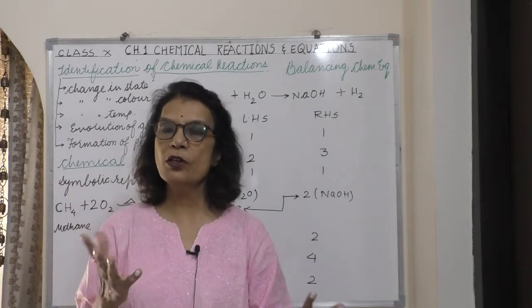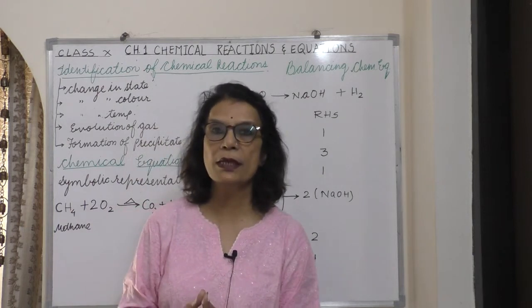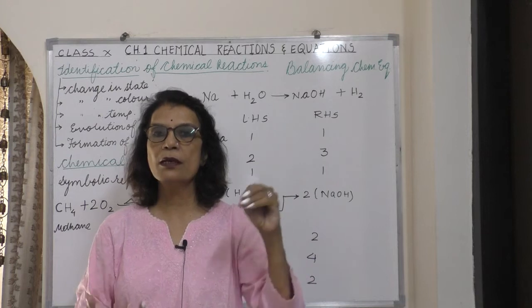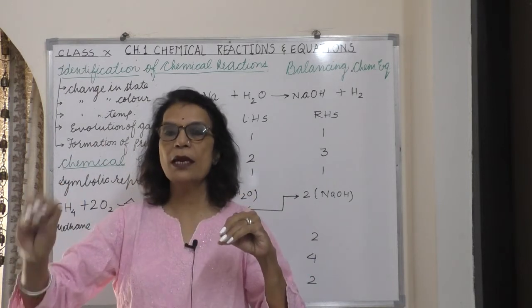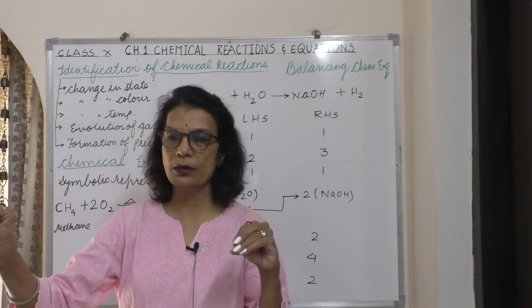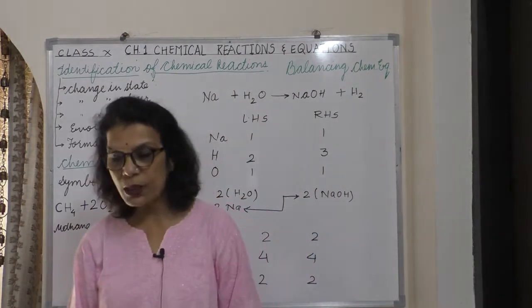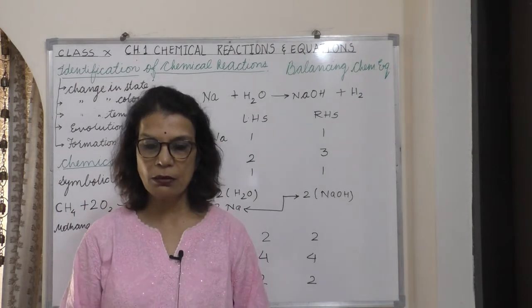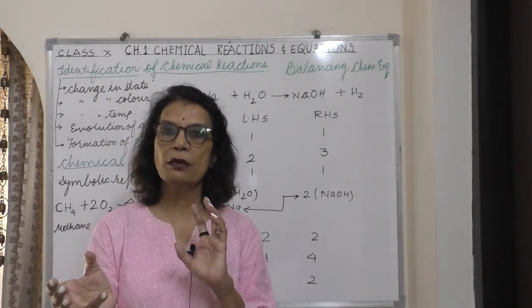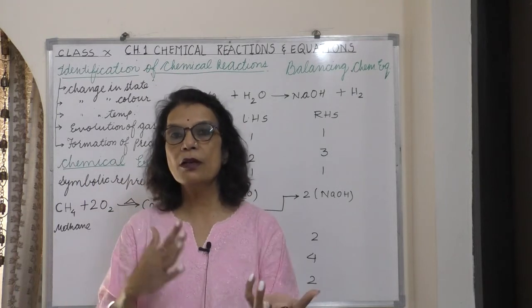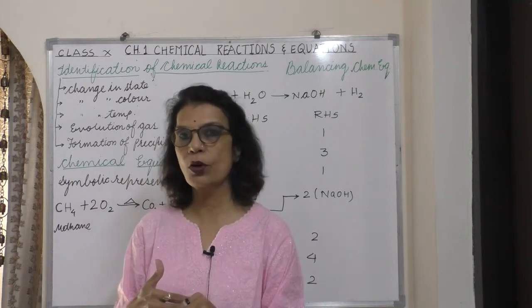So whenever your reaction is taking place, the state of the reactant need not be the same as the state of the product. Number two, the color changes. Whatever reactant you have taken and the product you are getting, it might be possible the color can change. With the color only you can recognize the product.